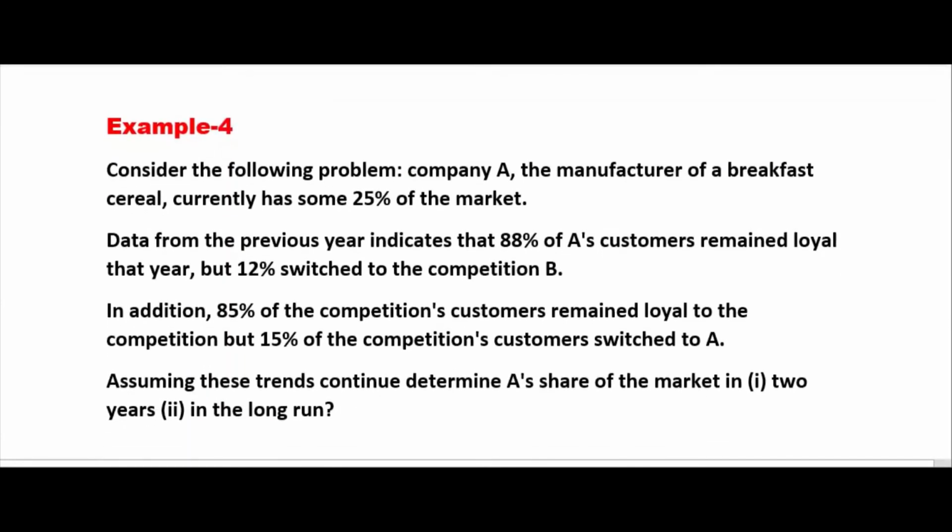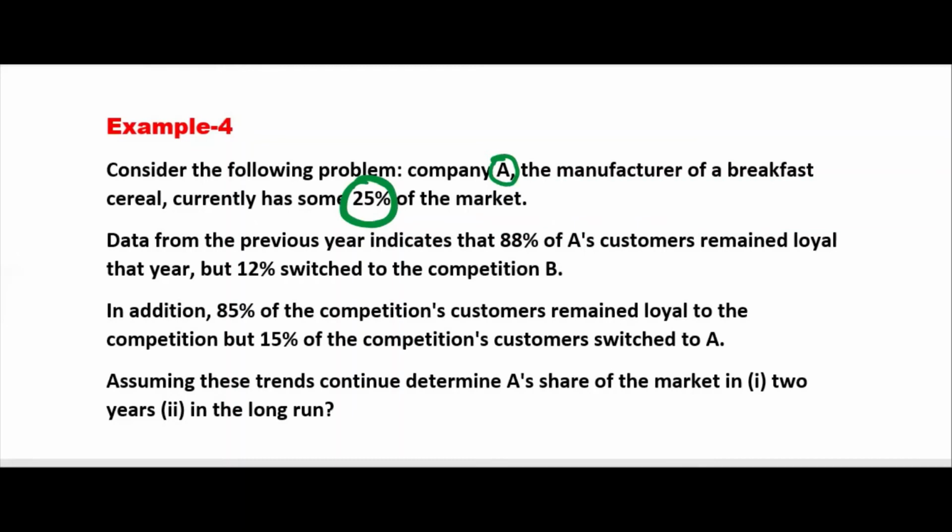Consider the following problem. There is a company A, the manufacturer of a breakfast cereal, currently has 25% market share. 25% market share, that means there are only 2 companies in the market. It's a fixed size.